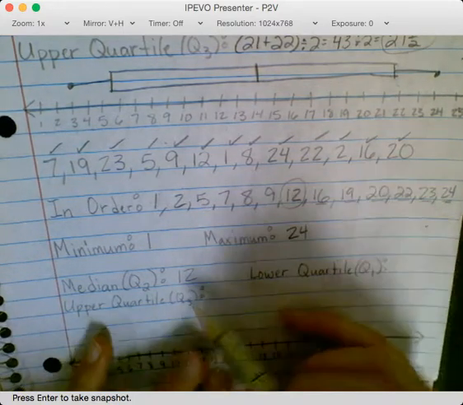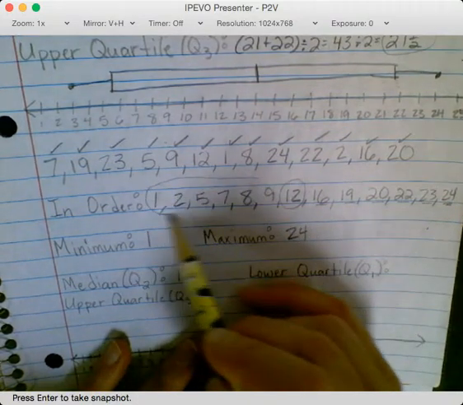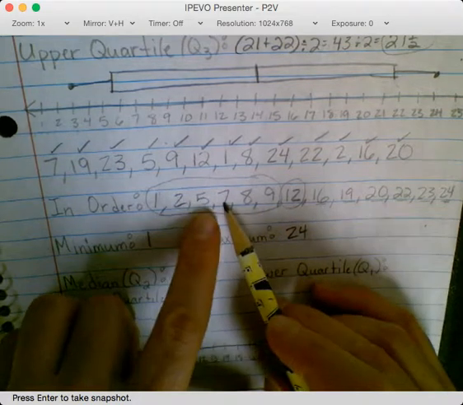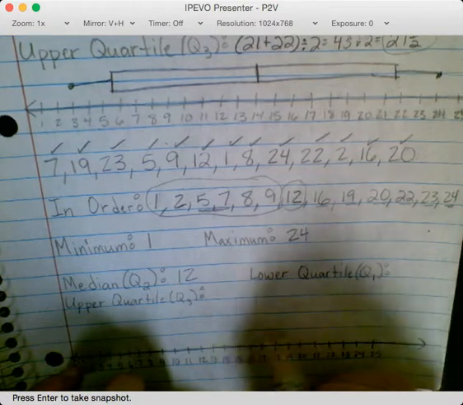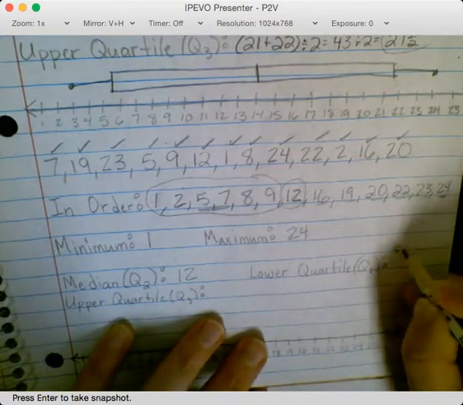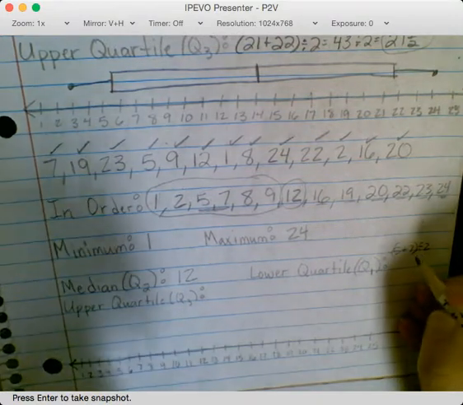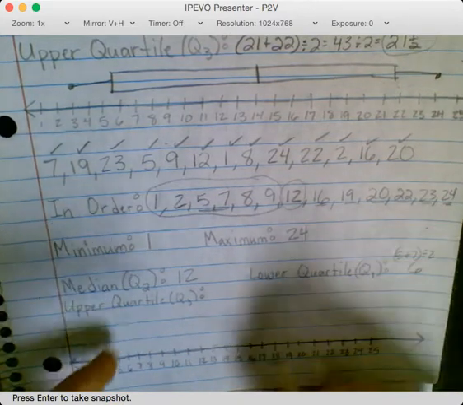My upper and lower quartile I need to find here. So I have to find the average of 5 and 7 to get my lower quartile. So 5 plus 7 divided by 2. And instead of writing that all out, I'm just going to tell you it's 6.